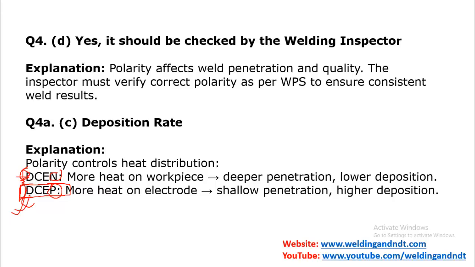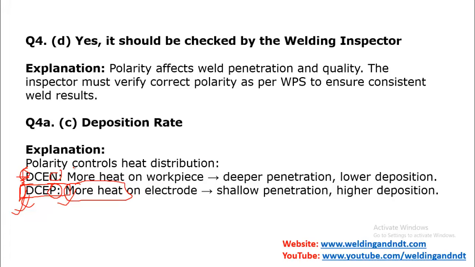In DCEP, electrode remains positive and workpiece remains negative. See what happens if the electrode is connected with the positive terminal, then more heat will be distributed on the tip of the electrode. So that will help in melting the electrode as well as the workpiece and getting the weldment.